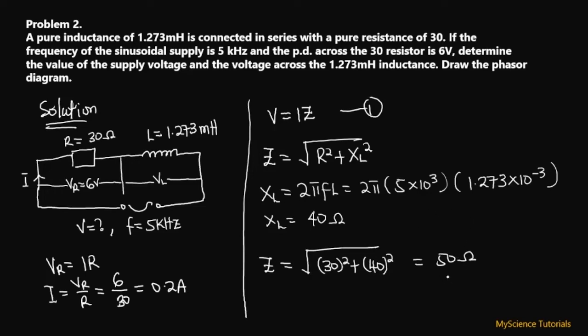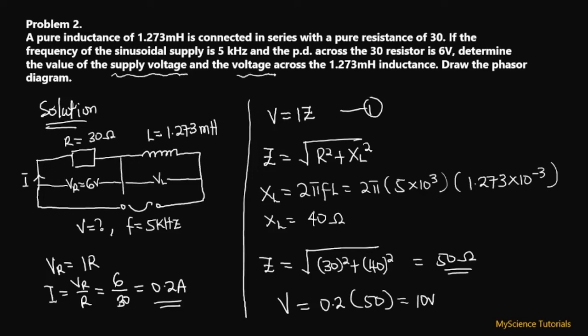Now that we have the impedance, we can substitute back into equation 1 to find our supply voltage. Our current is 0.2, and our impedance is 50. So we multiply the two: 0.2 multiplied by 50 gives us 10 volts as the supply voltage.